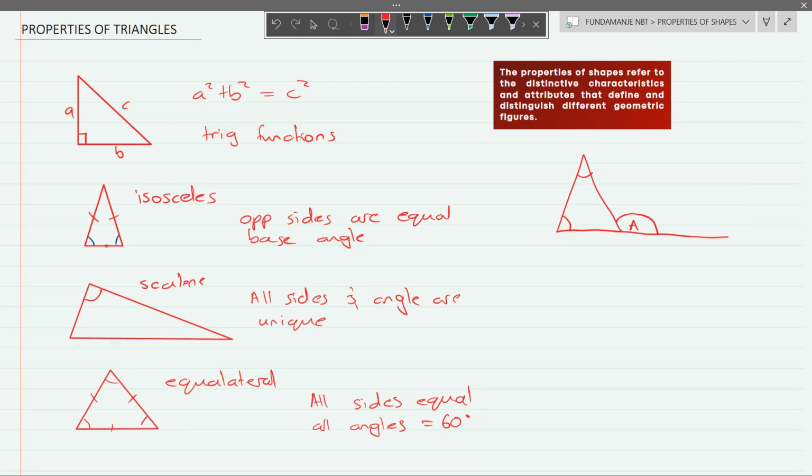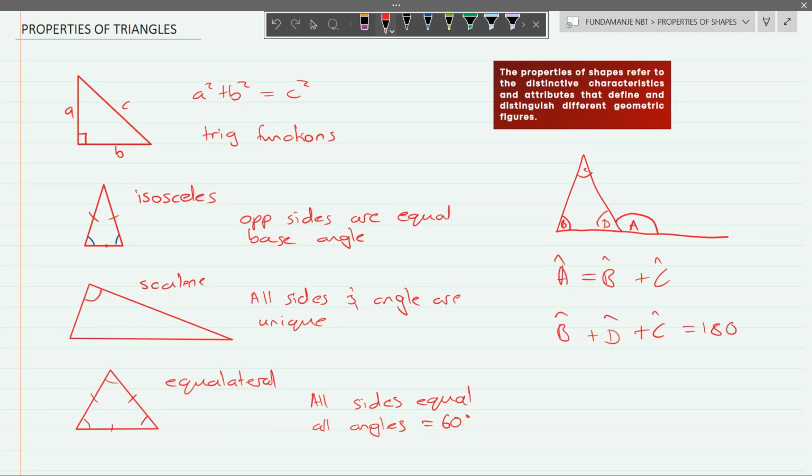So if we name this A and this one B and C, then we would say that A is equal to B plus C. So that's a law for these triangles, and maybe let's say this is D. The other law is that B plus D plus C is equal to 180 degrees.